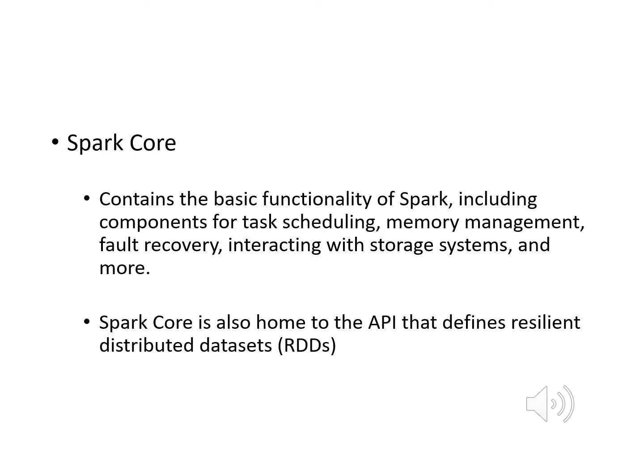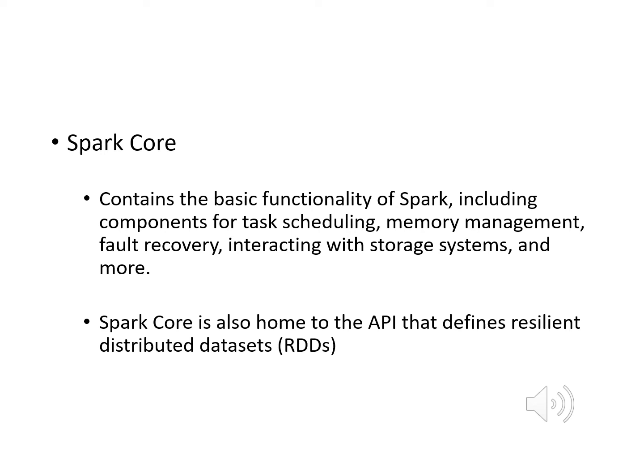Okay, then on top of the resource manager is Spark Core. It contains the basic functionalities of Spark, including task scheduling, memory management, fault recovery, interacting with storage systems, and more. And it's also home to the APIs that define resilient distributed datasets.